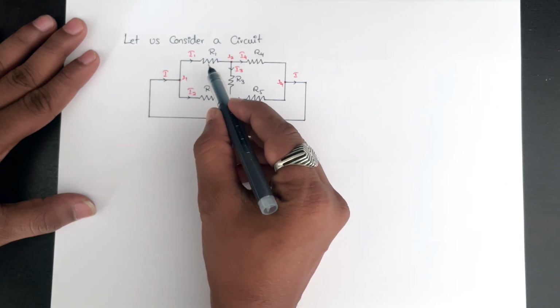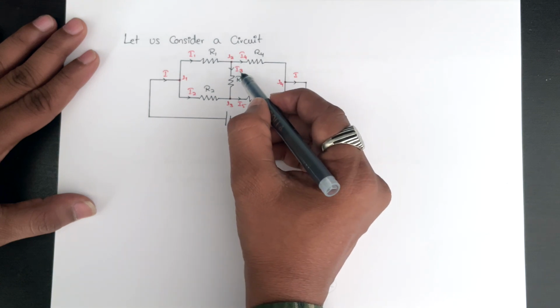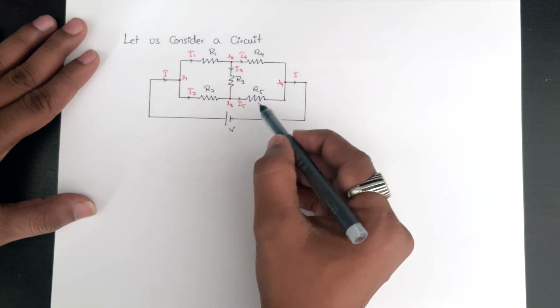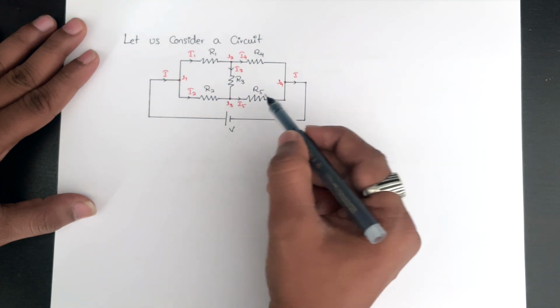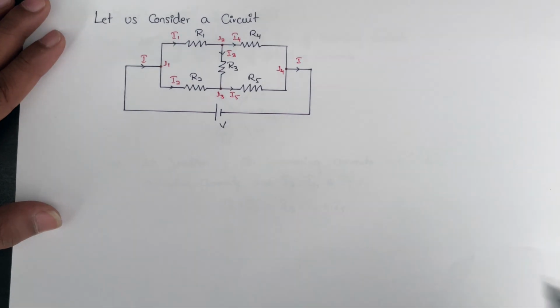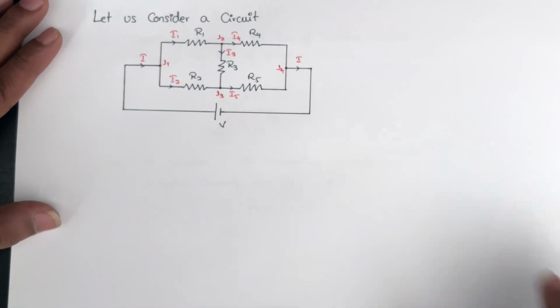I1 is flowing through R1, I2 through R2, I3 through R3, I4 through R4, and similarly, I5 through R5. The total current leaving is I, the incoming current.